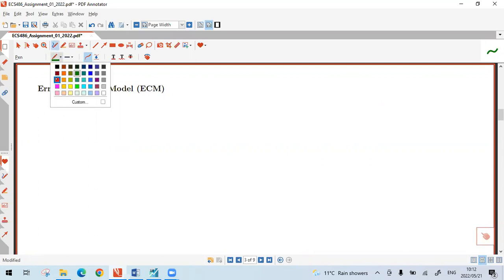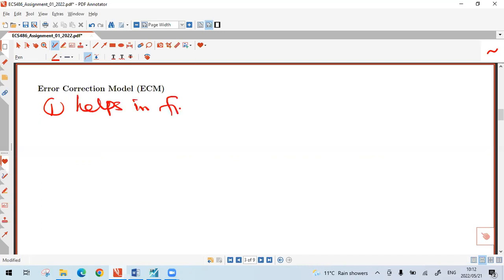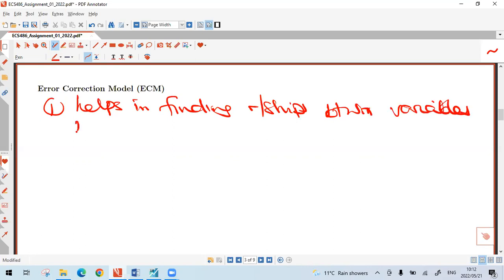It is important because it can help us find relationships between variables in the short run, right? And it's also important because it can actually help us in checking whether the model is capable of adjusting to its long run equilibrium after facing some shock.